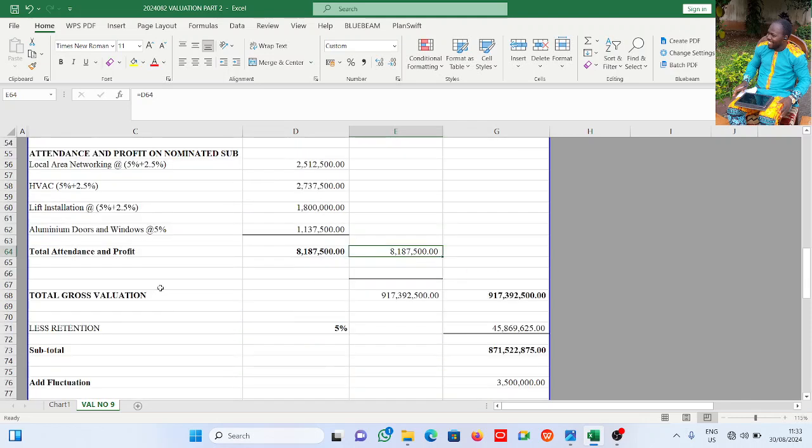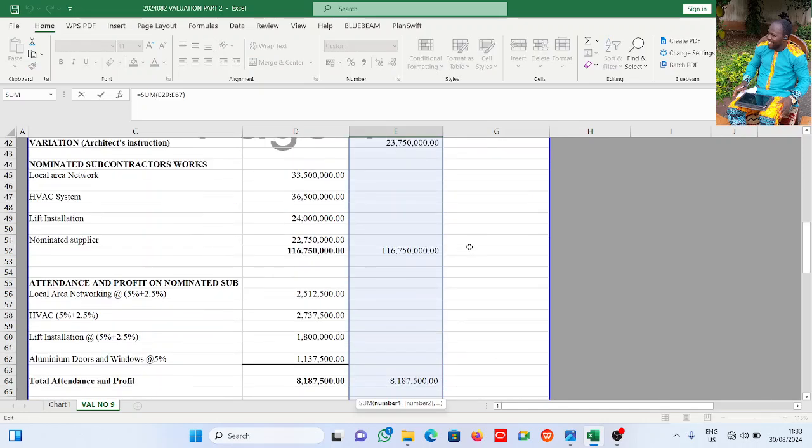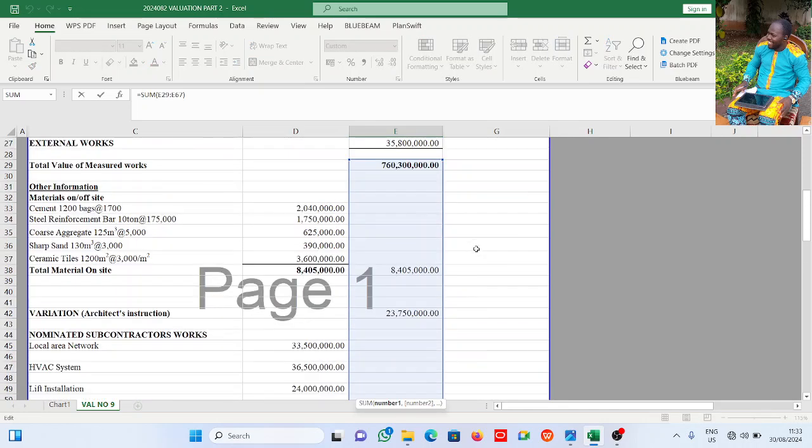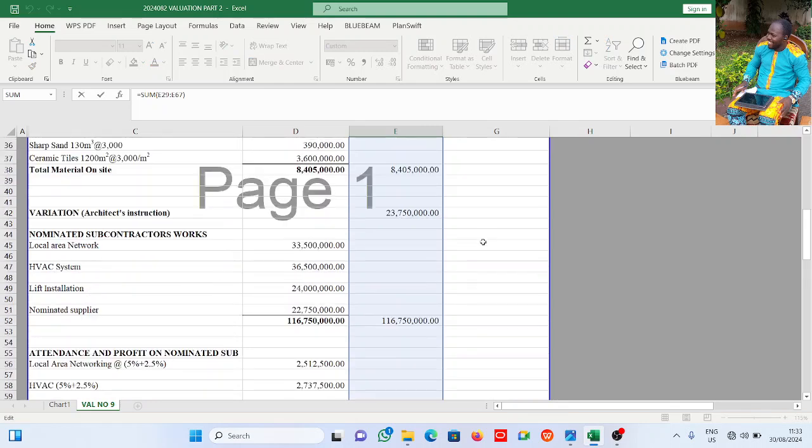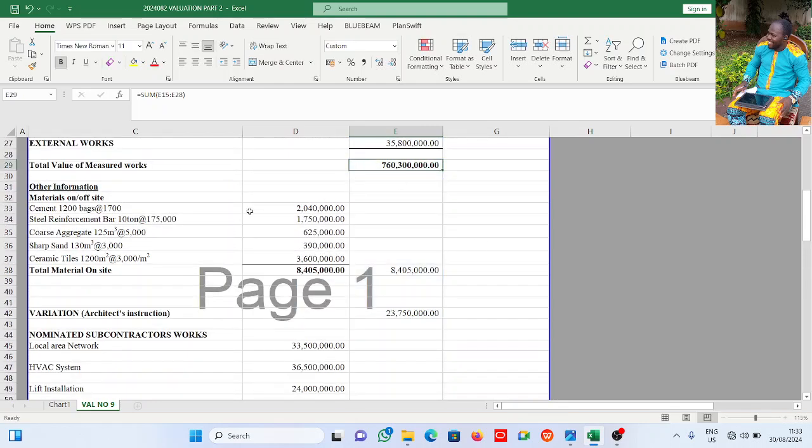Now having analyzed every item in that particular question, this is now what we have as the total gross value of work till date. Right? Now you see it, the measured work plus every other additional information provided.